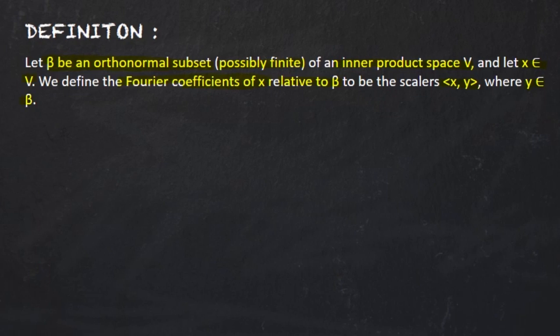So the main motivation behind these Fourier coefficients came from the study of scalars Cn, where Cn was 1 by 2 pi integral from 0 to 2 pi of f(t) e to the power minus int dt for any function f.